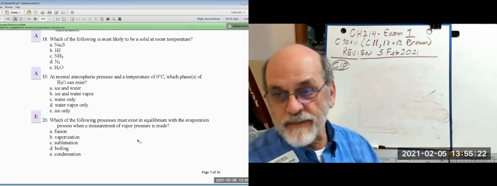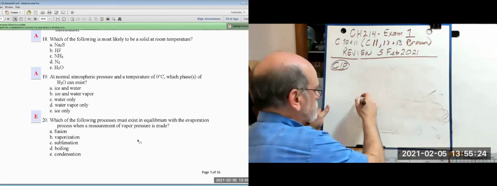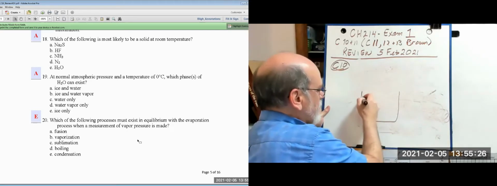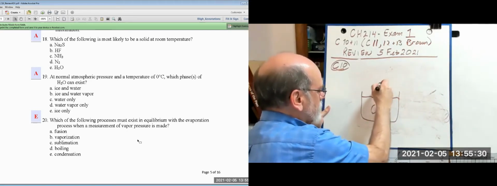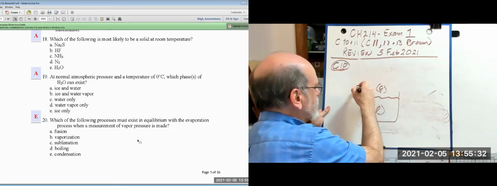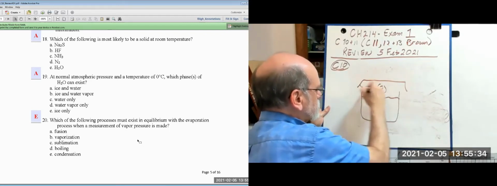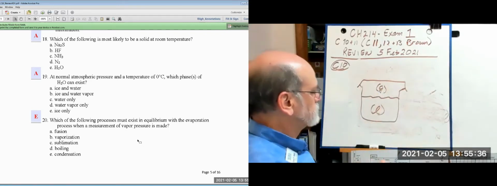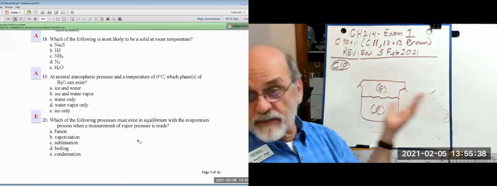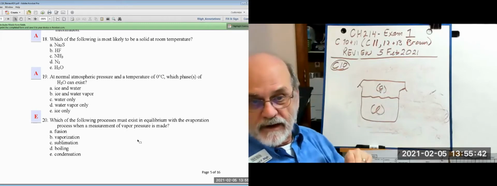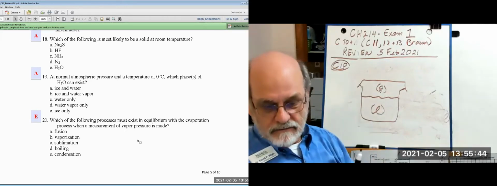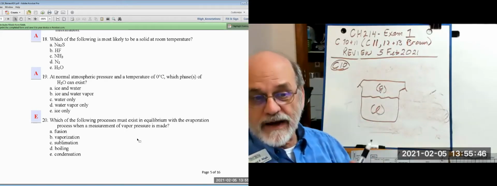You're measuring vapor pressure. That means you have to have a liquid here and a gas here. And this has a lid on it, otherwise, you won't develop any pressure. So we measure the vapor pressure up here.